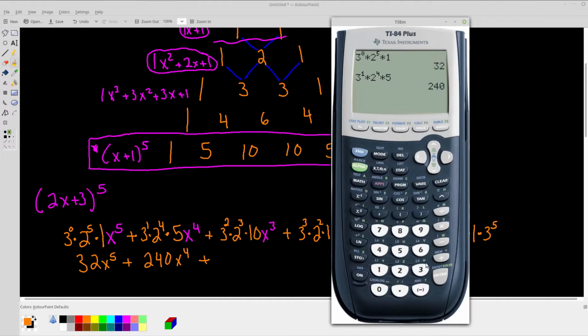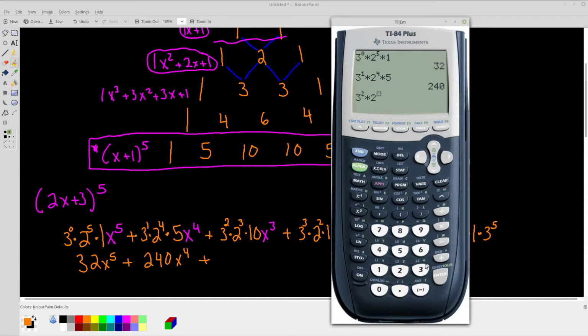We've got 3 raised to the 2nd times 2 raised to the 3rd times 10. Aw. Let me delete that out. Sorry.